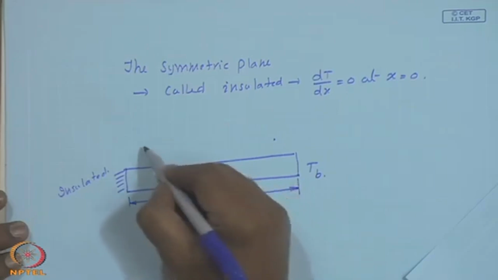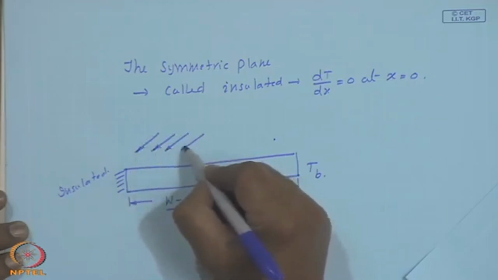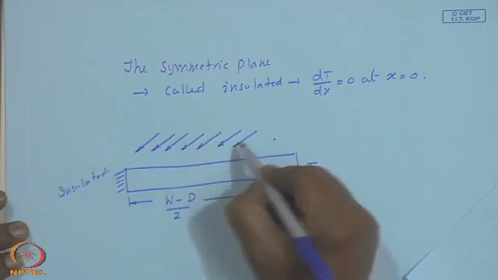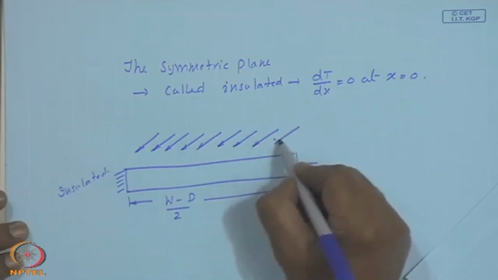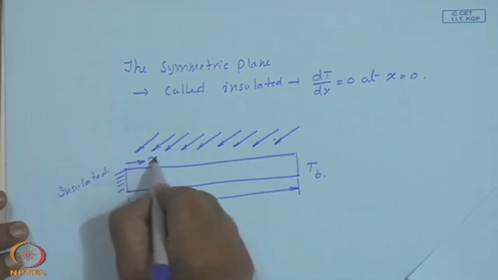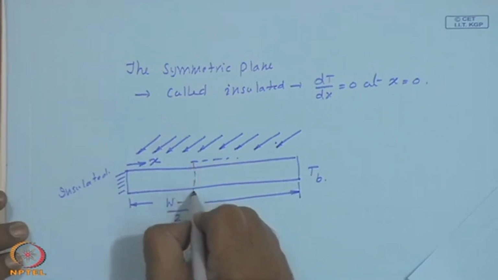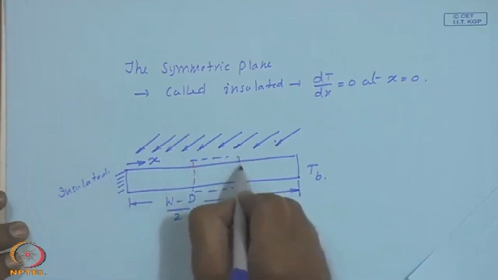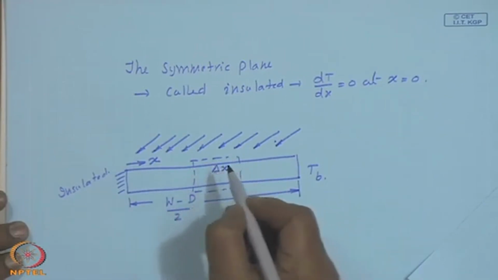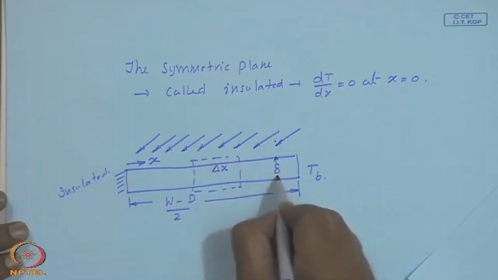And here is the incoming solar radiation. Here I measure my x. I take an elemental volume of width or length delta x, and of course, this is delta.